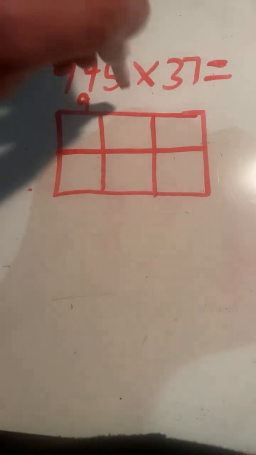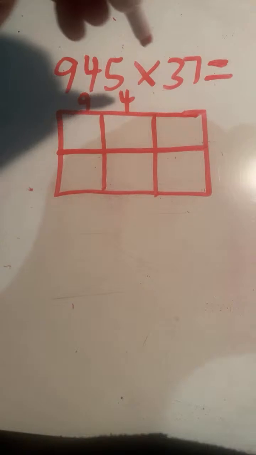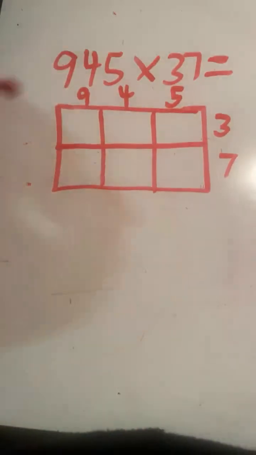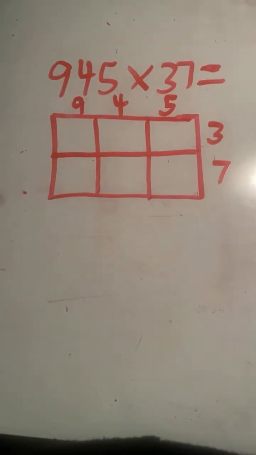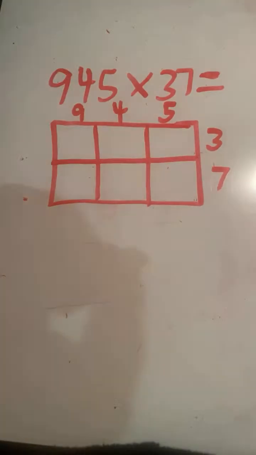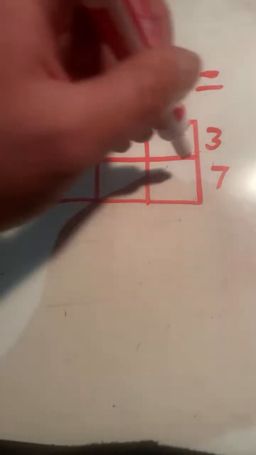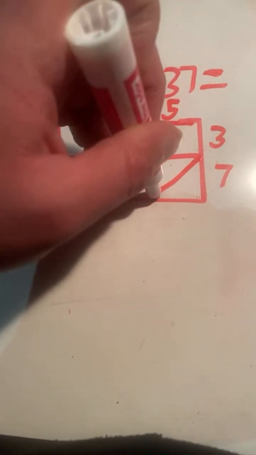Separate digit for each box. So we have our 9 here, our 4, and then our 5, and then going down we have our 3 and our 7. Now we need to draw a diagonal line across each square to make our triangles.